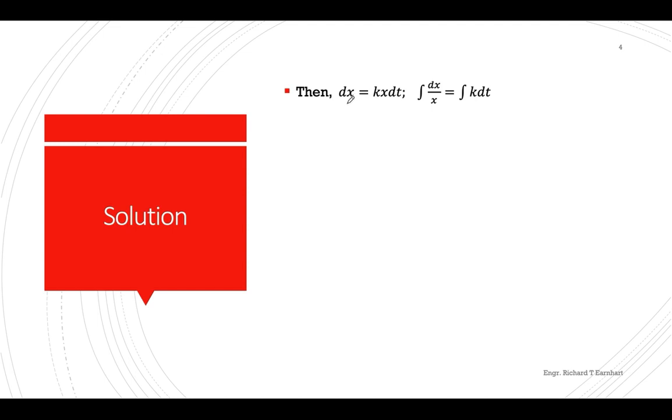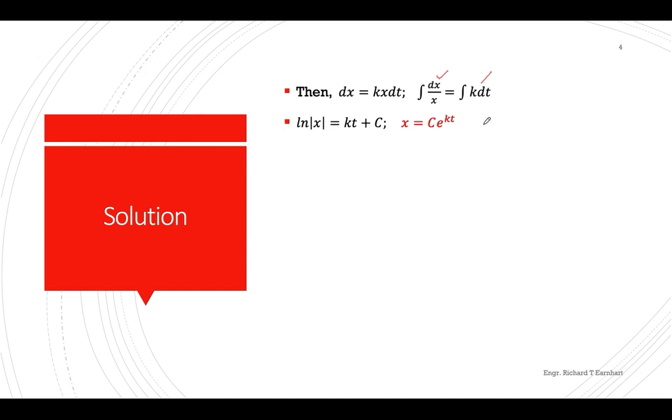If you have dx over dt, cross multiply, so dx over x, and what is left on the right hand side is k dt, so integrate. We have ln of x equals kt plus c.